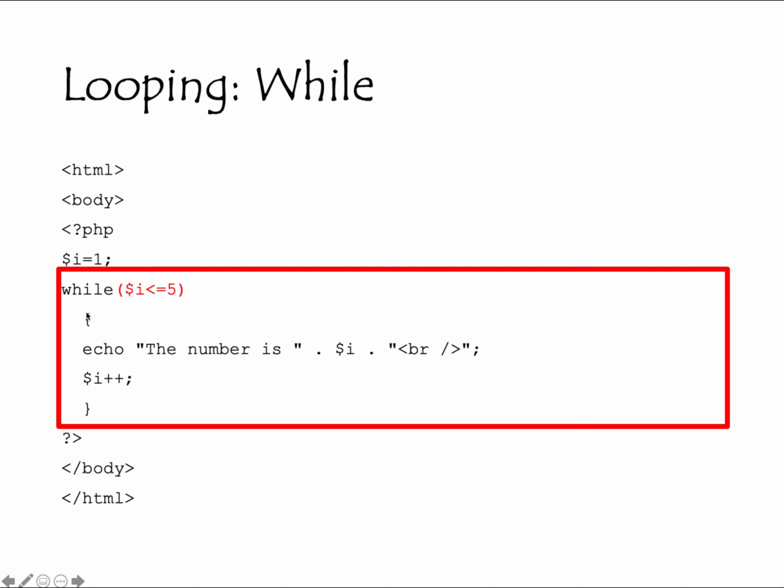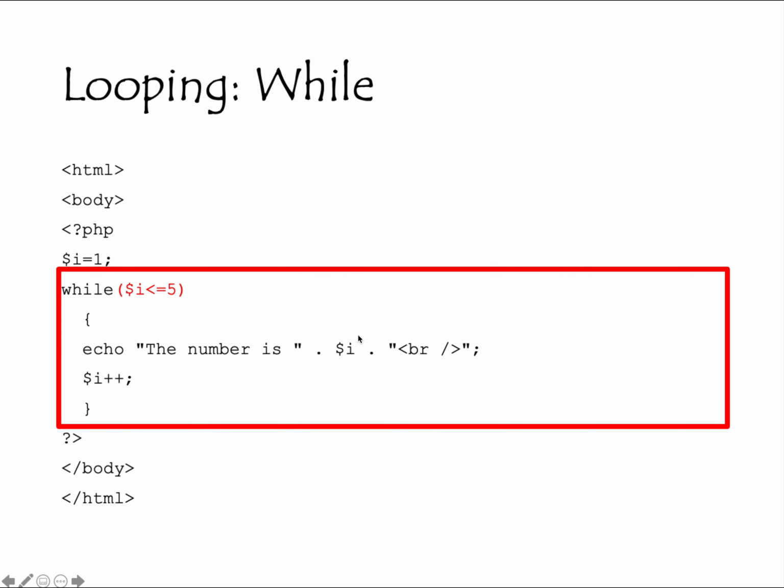Now if you look at the code inside the curly braces, we have one echo statement. It says "The number is", and it uses concatenation. You remember the period is concatenation. So "The number is" is one text, followed by $i.